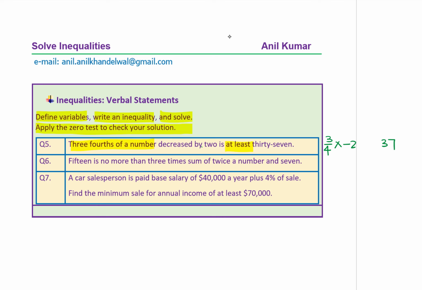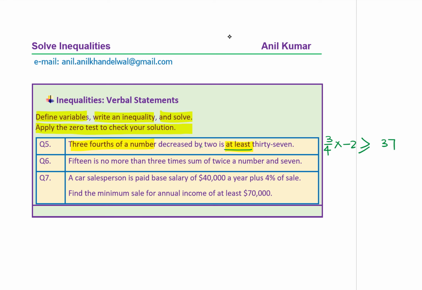Do you understand? At least. So it is greater than or equal to 37. That is the meaning of at least. You get the idea. So in the phrase, at least means it is more than or equal to.